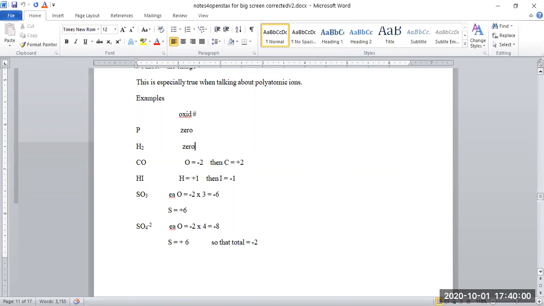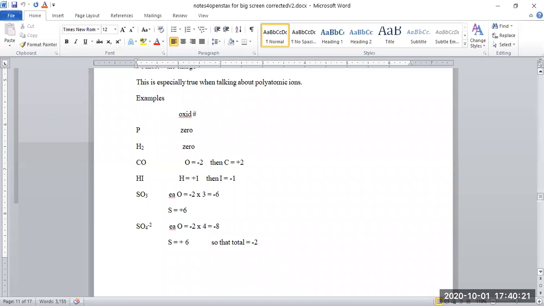How about carbon monoxide? Capital C, capital O, it's not cobalt. The best way to do these is a little bit like we started in the nomenclature end of things, is start at the right-hand end of the molecule and work your way backwards.